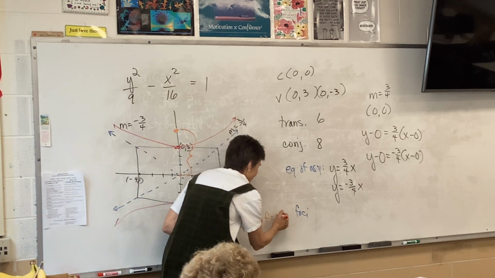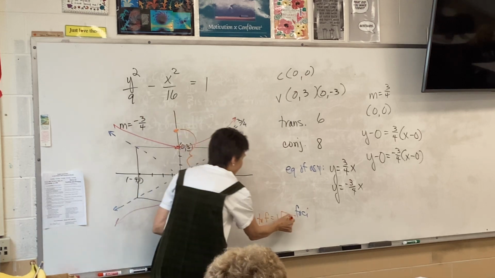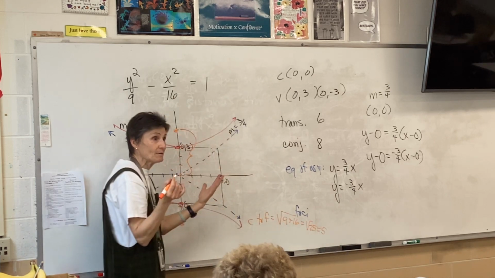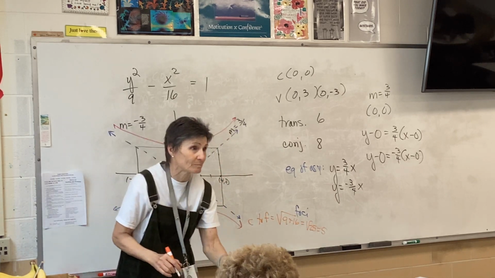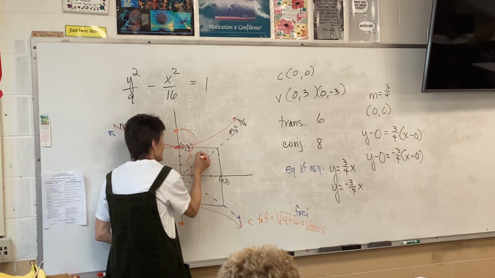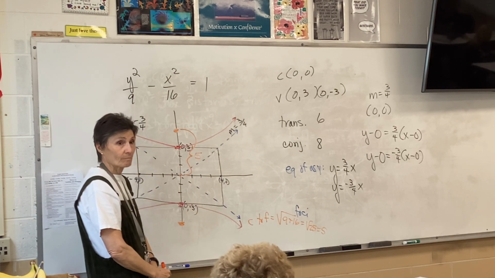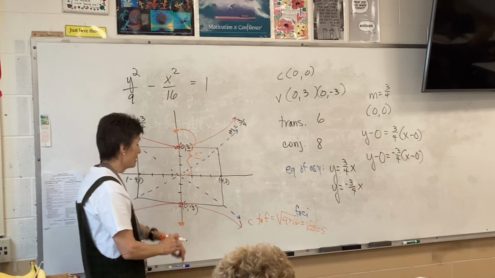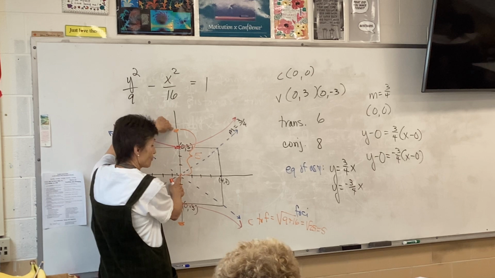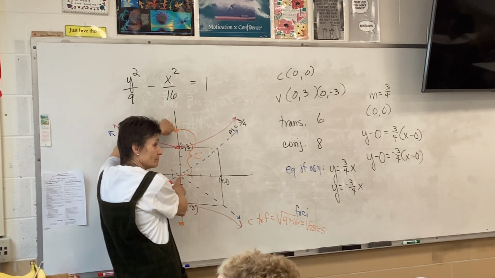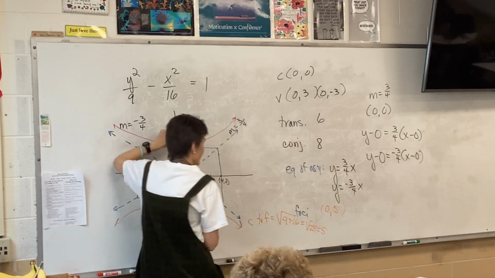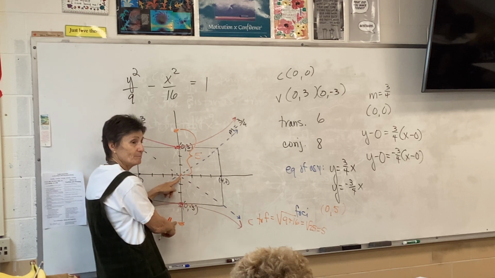In a hyperbola, I add my denominators, 64, and take the square root. So this one worked out nice. Normally they don't. This one did. So this distance is 5. What point is that then? If I start at the origin, my center, and go straight up 5, (0, 5), and straight down 5.